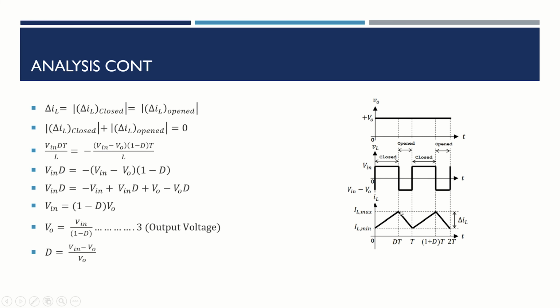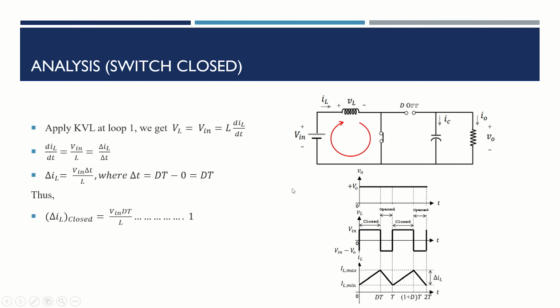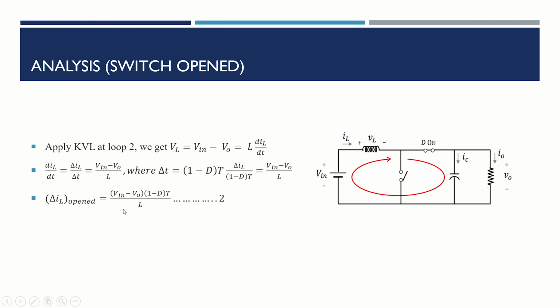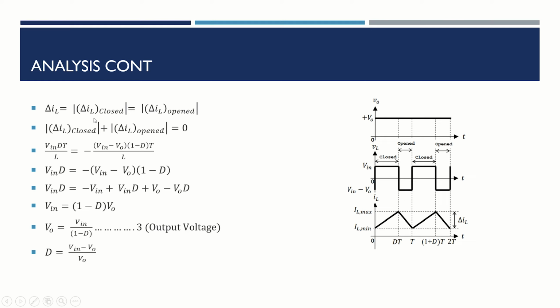Analysis. By looking at the graph, we know that delta IL when the switch is closed plus delta IL when the switch is open will be equal to 0, which means that delta IL when the switch is closed will be equal to delta IL when the switch is open. We substitute equation 1 and equation 2 into this equation and we will get this equation.